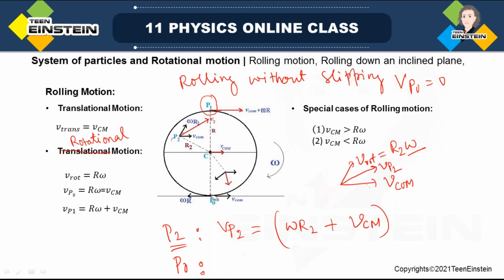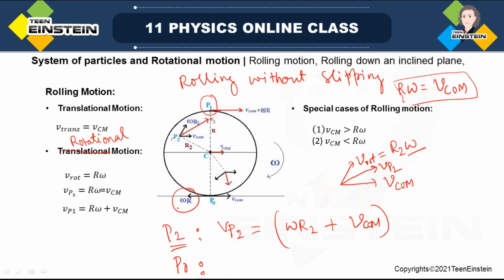So the condition for rolling without slipping is given by R omega equal to VCOM.